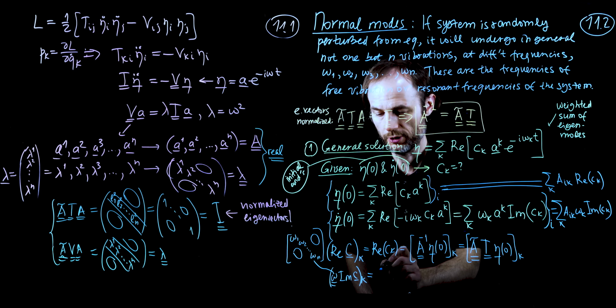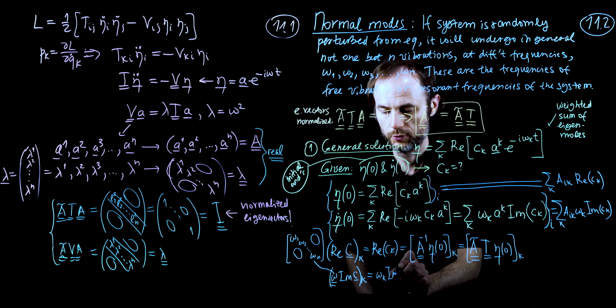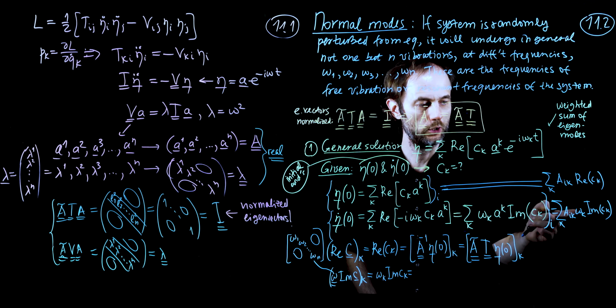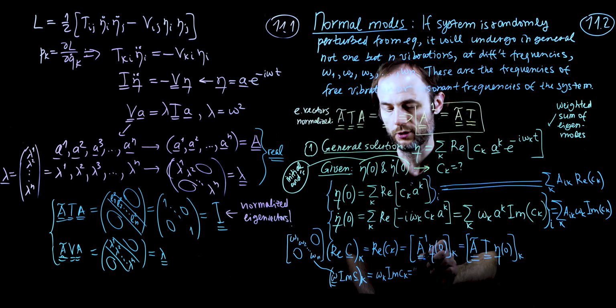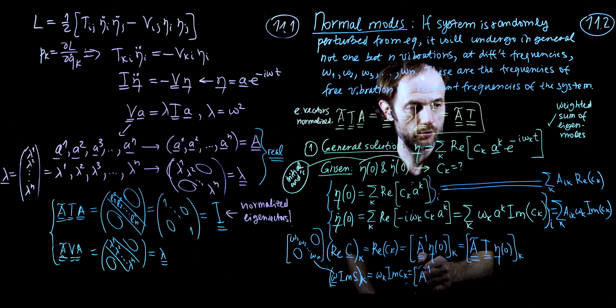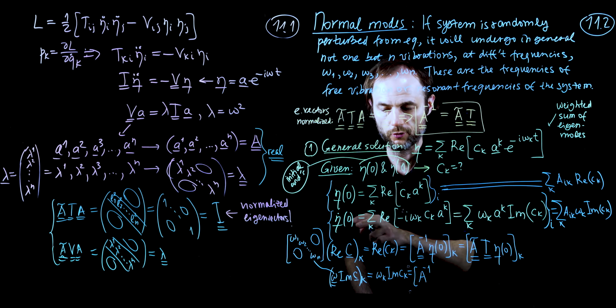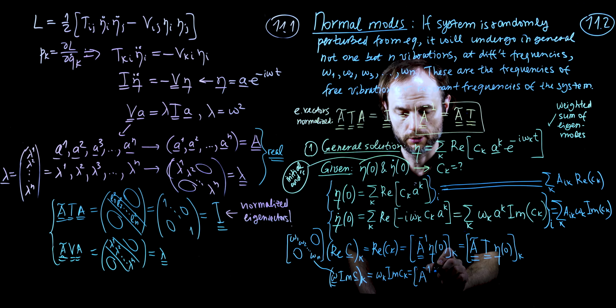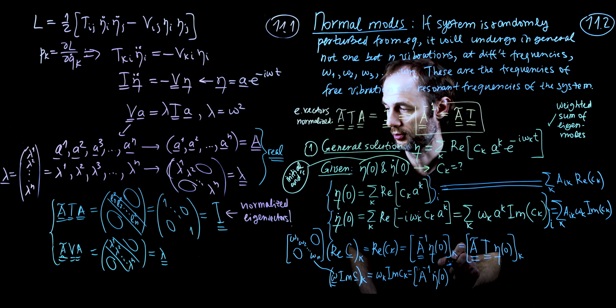So that will be equal to simply omega_k times the imaginary part of c_k, and that will be, from here in the matrix notation, equal to the inverse A. We're going to take it over to here, and we will multiply it by eta dot of 0.